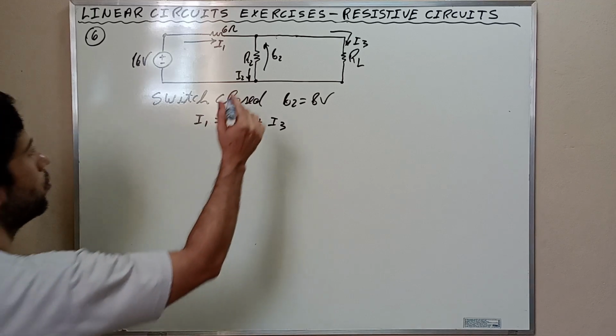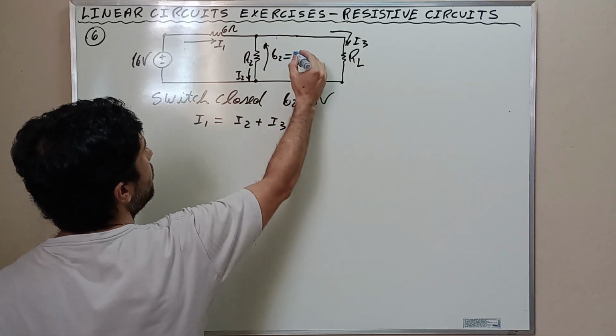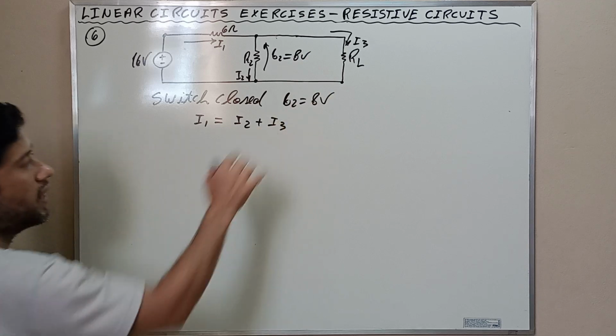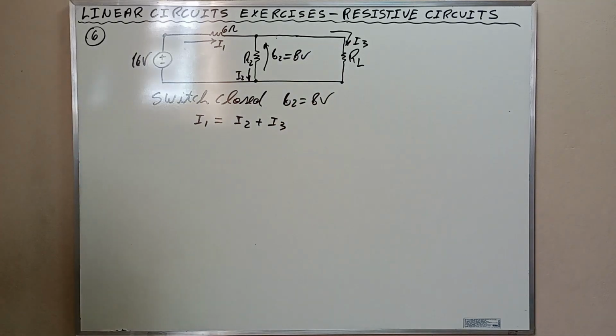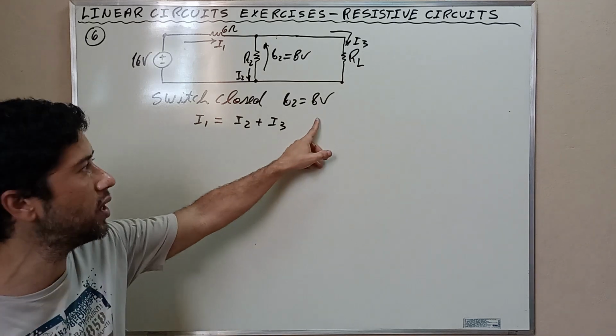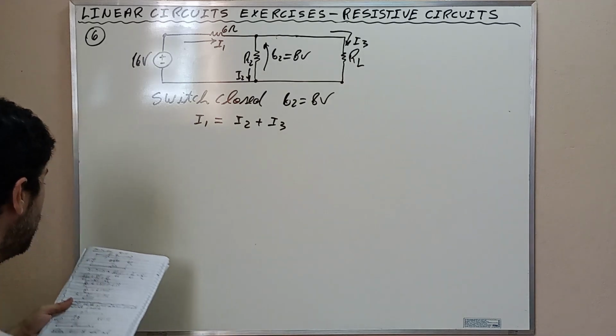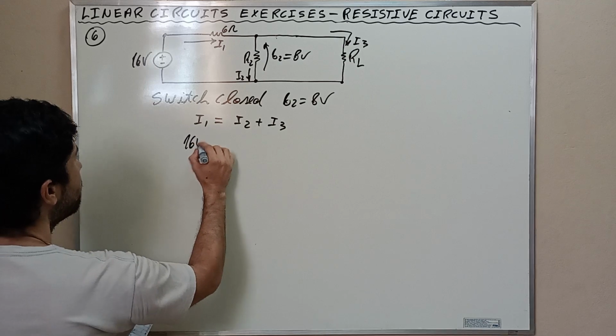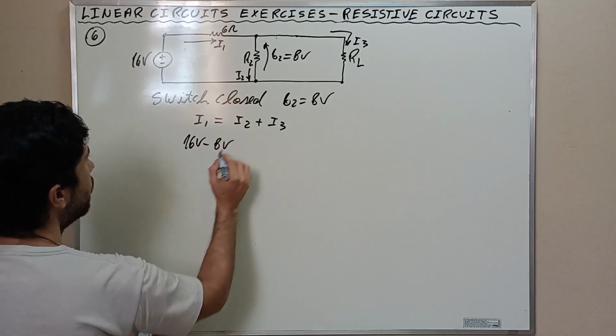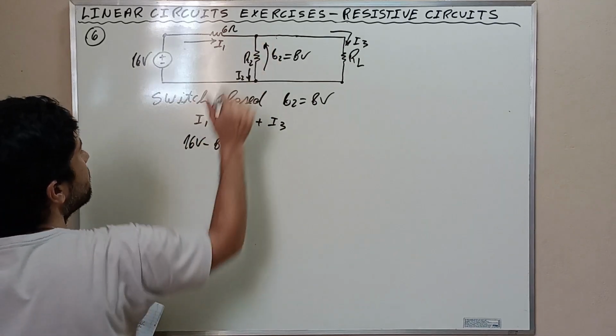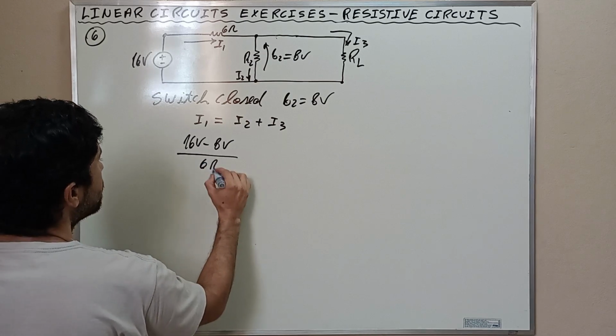And we are going to substitute here and write the currents in terms of the voltage drops, okay? We already know that V2 is equal to 8 volts because the exercise imposed this condition. When the switch is closed, V2 has to be equal to 8 volts. Then I1 is going to be equal to 16 volts minus 8 volts divided by 6 ohms.